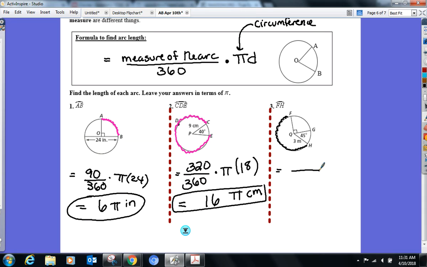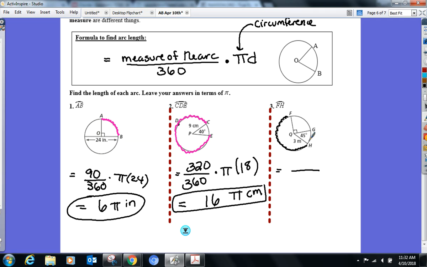Evan, number 4. Can I get the measure of FH? 135, that's this one right here, right? 90 and 45 add to 135, right? So that would be FGH.